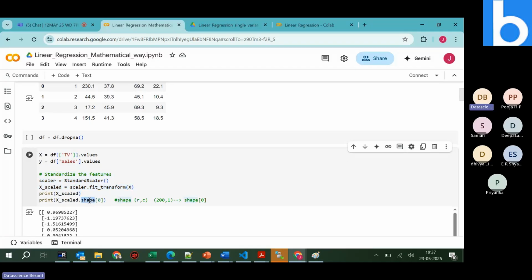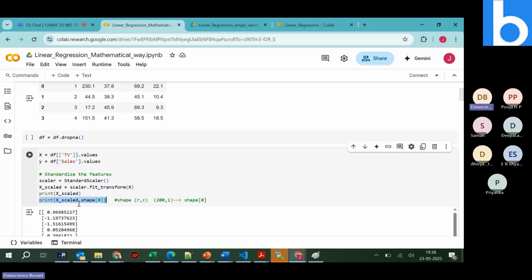Now, what is x_scaled.shape[0], guys? Shape gives us rows and columns, correct? That part, print x_scaled, is done. Now I'm on this line.